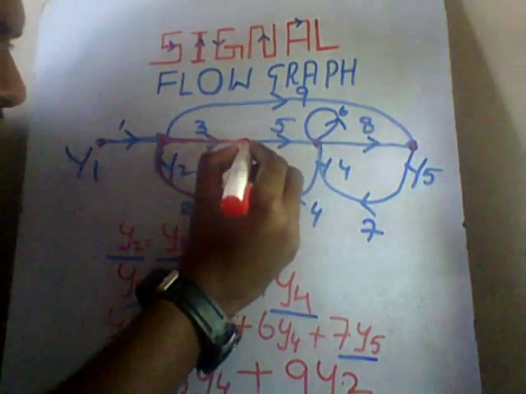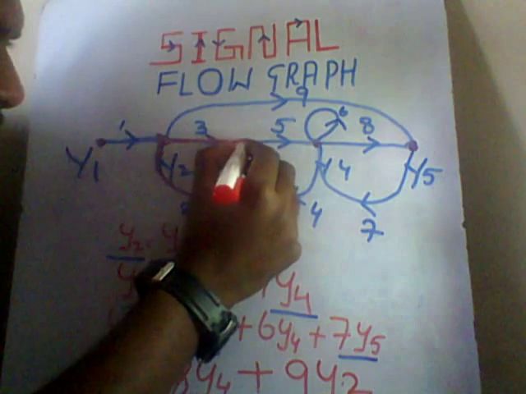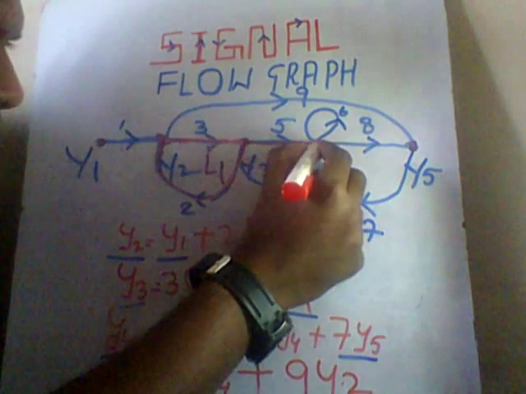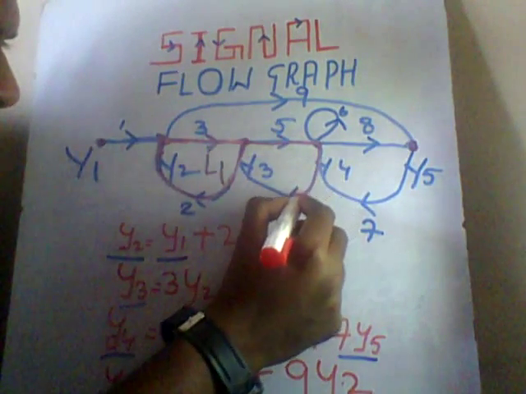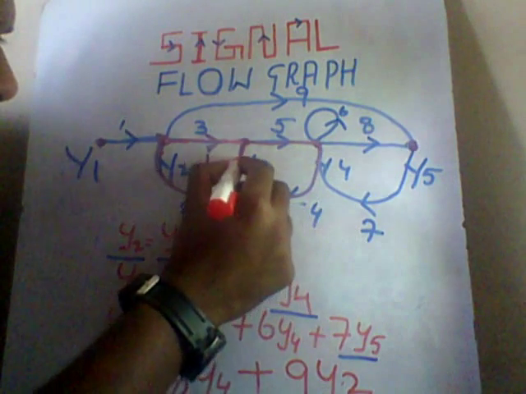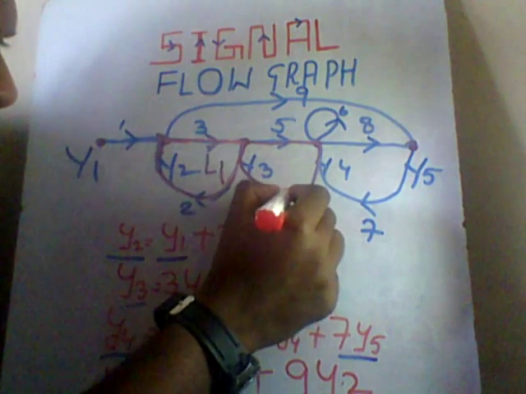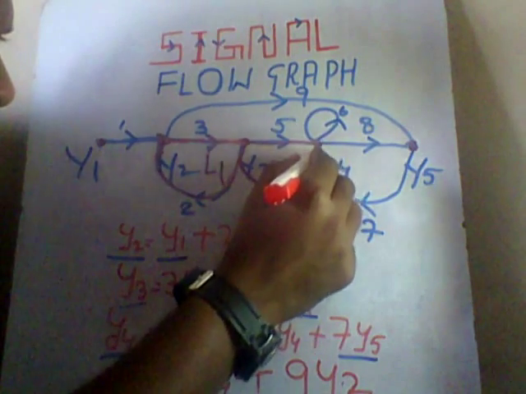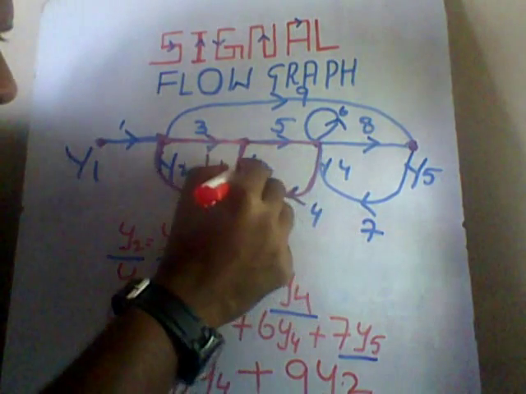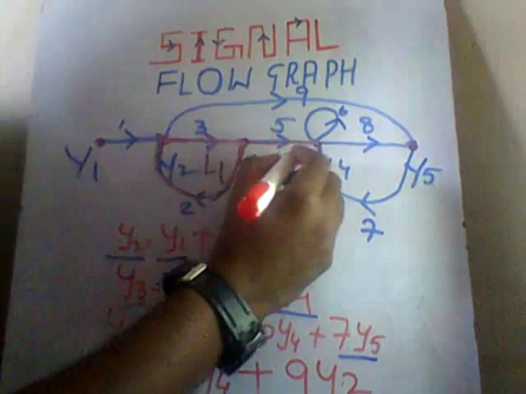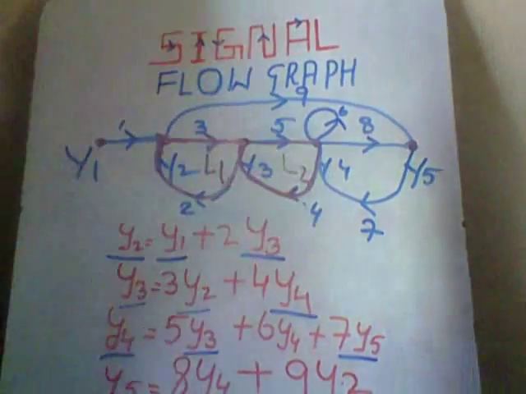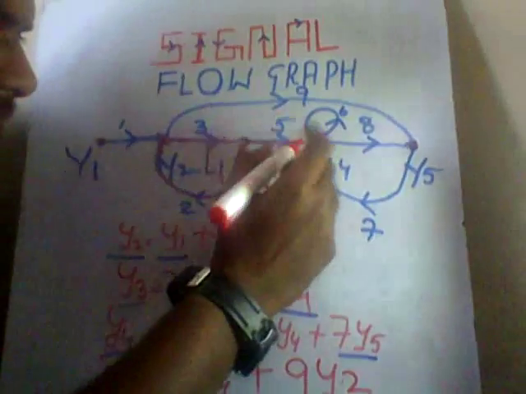Now let us consider the second loop. Find it out. This is a node. A loop is a path which will terminate at the same node where it started. So this is another loop. Understood?